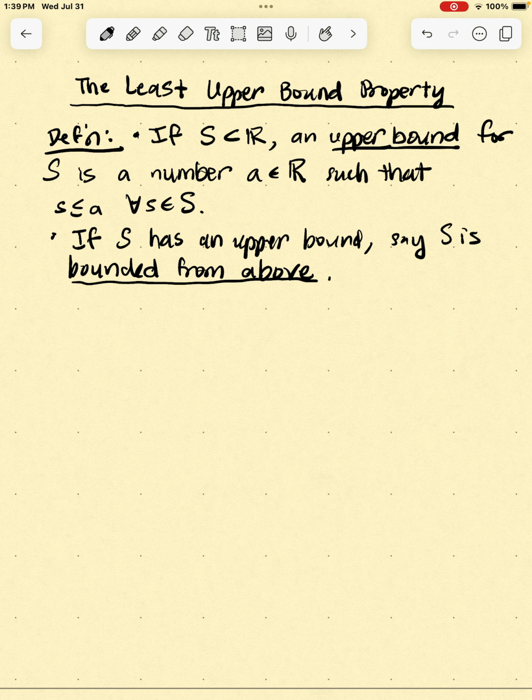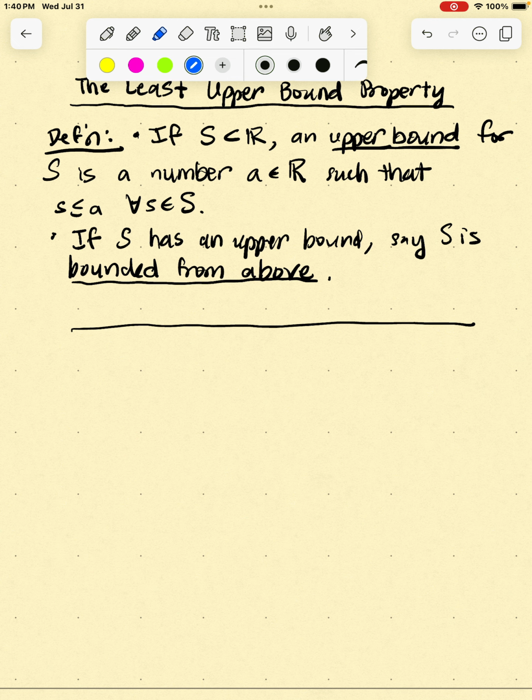So for example, let's say this is your number line, and let's say this is 0, and let's say that S is this interval from -1 to 2, and it's an open interval, and then there's this point here, which is 3.